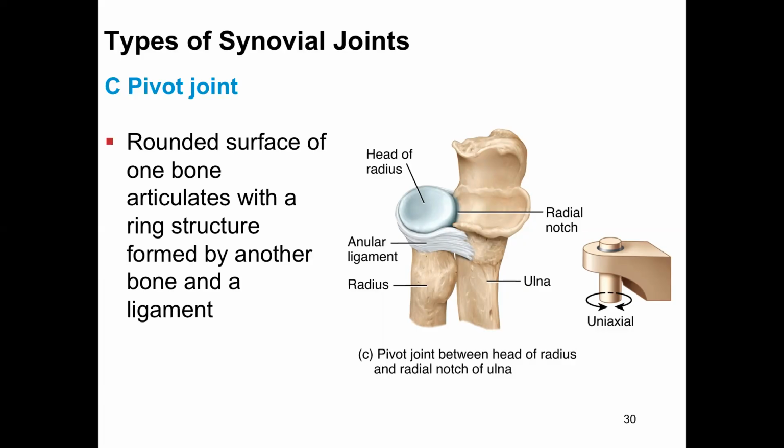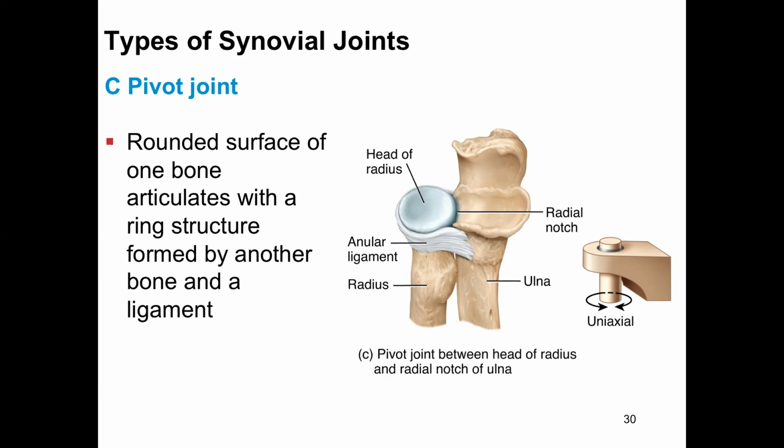So that's what you see here between the radius and the ulna at the very top, right? In the radial notch in the head of the radius. So the radial notch, remember, is on the ulna, and the head of the radius is obviously on the radius, all right? And there's a ligament there. It's called the annular ligament. And if you know what an annulus is, it's always a circle, right? So that should help with that concept.